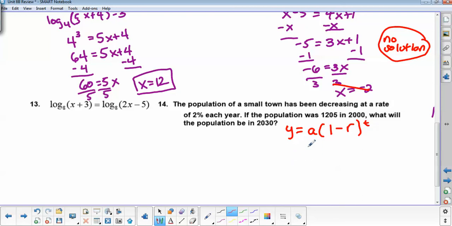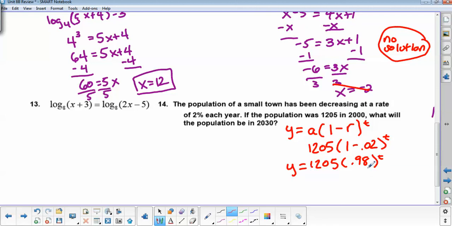Alright, so your starting amount was 1,205 people, and your rate is 2%. 2% as a decimal is 0.02. So that would be 1 minus 0.02 to the t. Now when you subtract that, you get 0.98. So you have a model of 1,205 times 0.98 to the t. So this is your model.